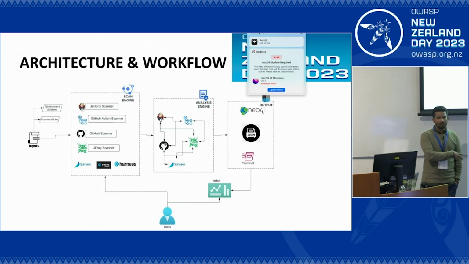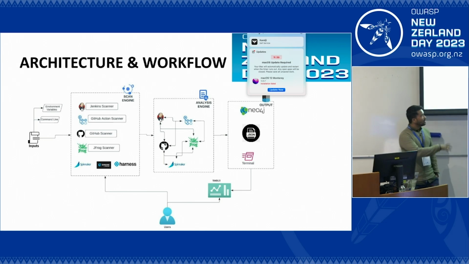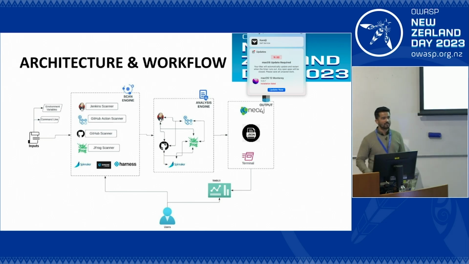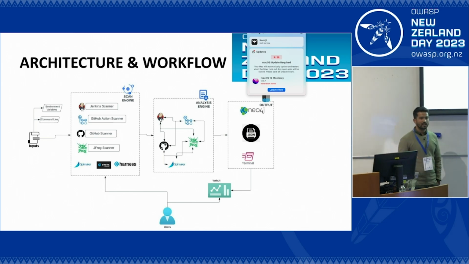And that JSON output will contain all the information available in the Neo4j database. On top of that, there is a very basic web UI which helps you identify the different nodes and the relationships between them, for whatever output your scanner is able to identify.